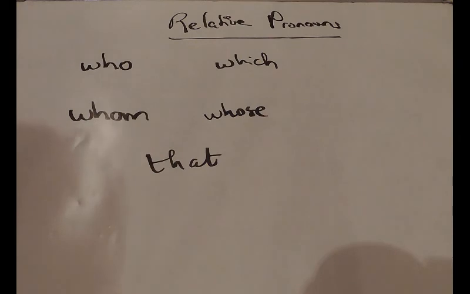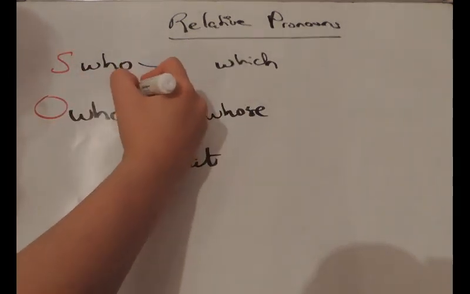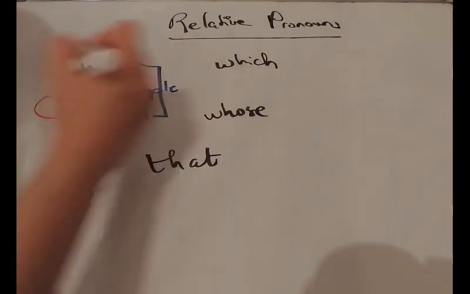Starting with who, it is always subject, okay, and whom is always for object. Now, in general, who and whom are only used for humans, meaning people.